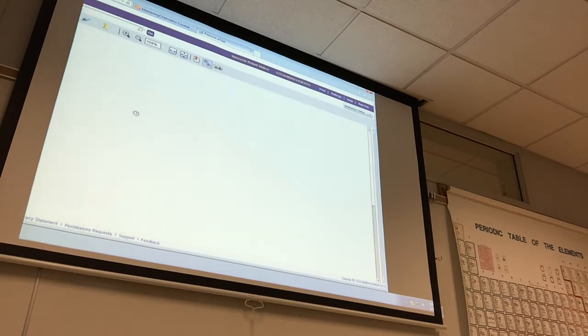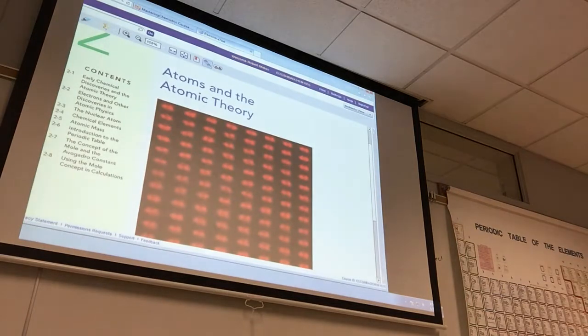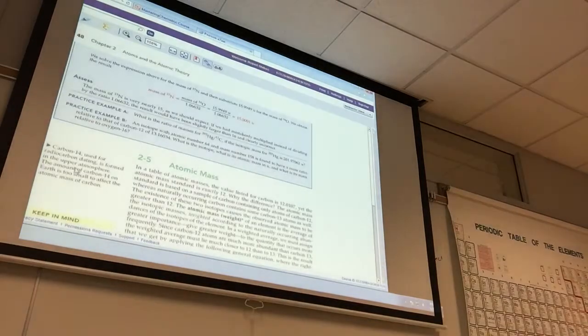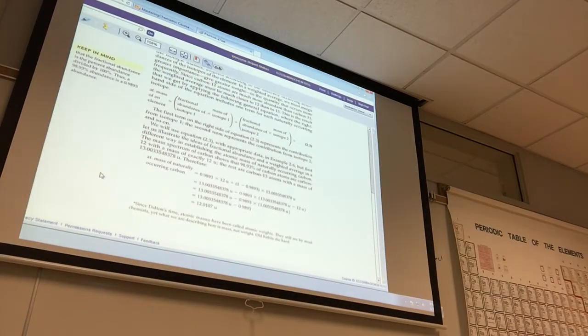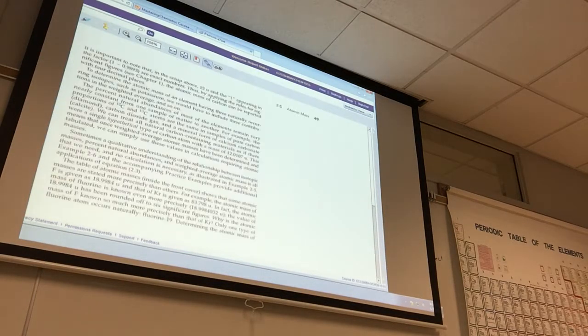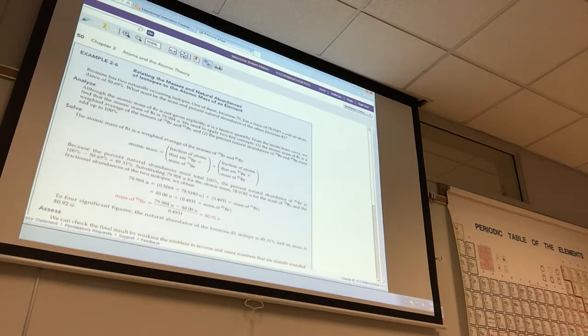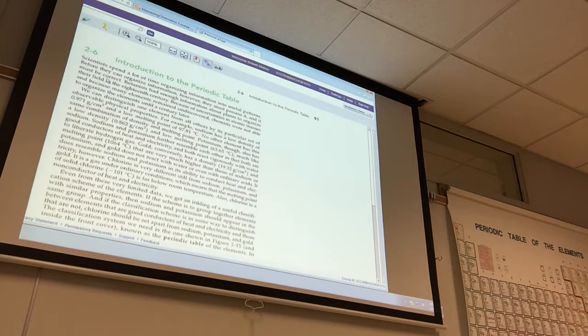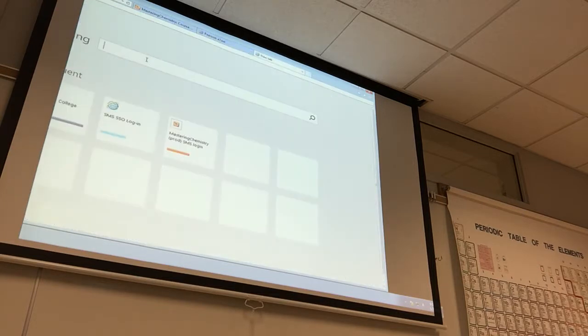I'm going to go back to chapter 2 and get them from chapter 2. I'm not going to get it from our book. The easiest place to get these is from a table of isotopes.